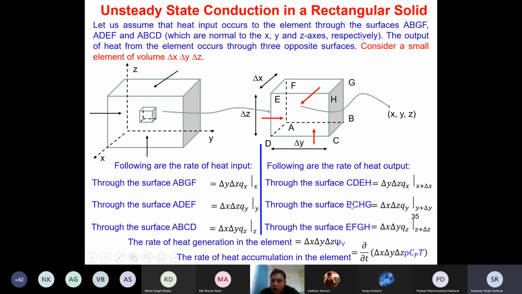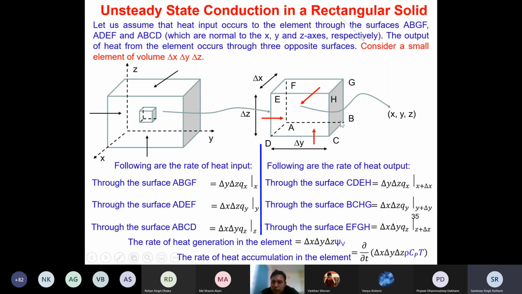Similarly, the heat output from BCHG, which is nothing but the opposite face of this ADEF. So there the heat output will be given by cross-sectional area, which is nothing but delta X delta Z, multiplied by QY at Y plus delta Y, isn't it?